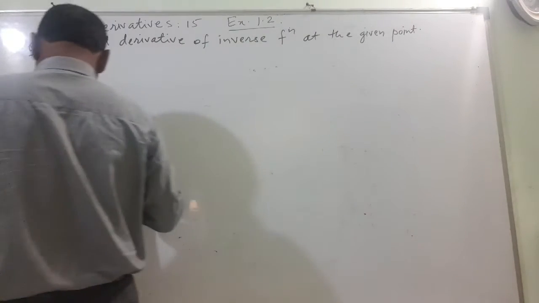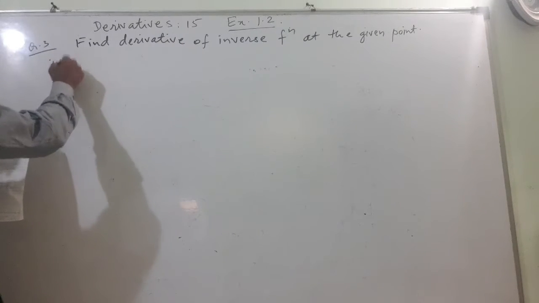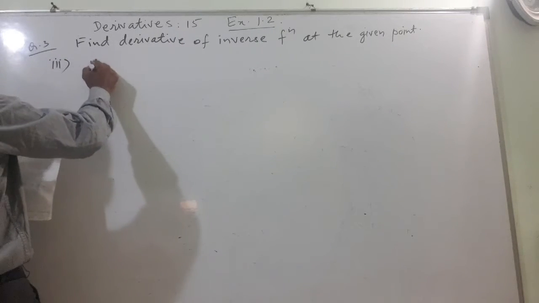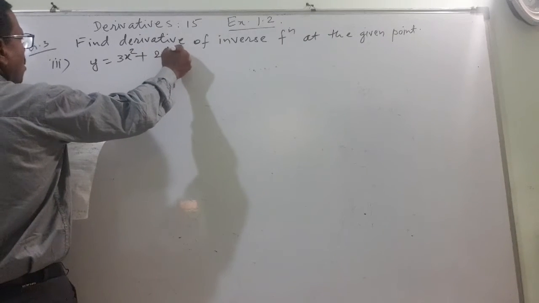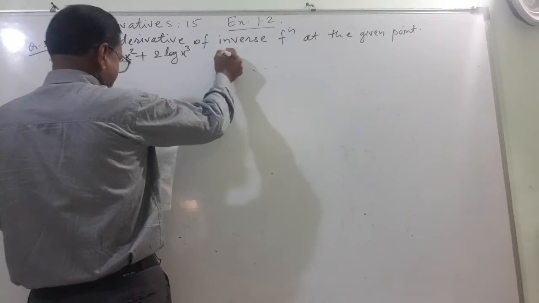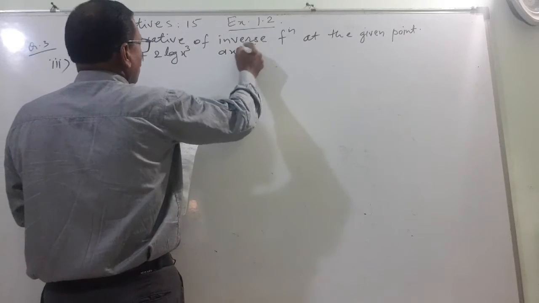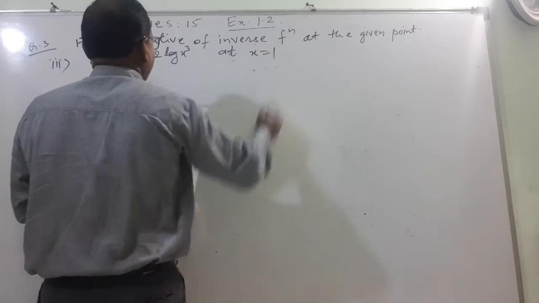In that, the third one I am taking: y is equal to 3x square plus 2 log of x cube at x equal to 1.